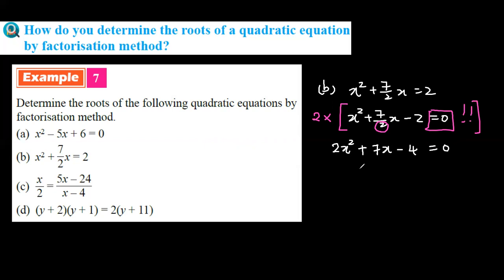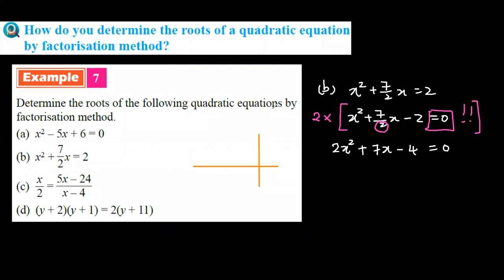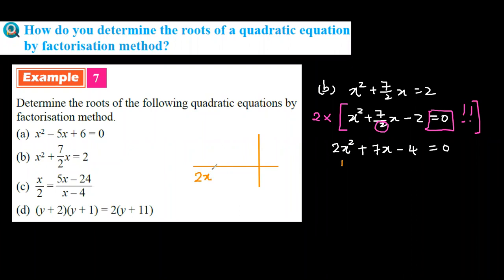If it's in a general form, we can use the inspection method. Okay, we can use the inspection method to do this question. So term 1, 2x squared. Term 3, the constant term, -4. Then the middle term, positive 7x.